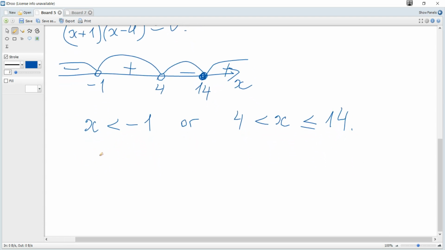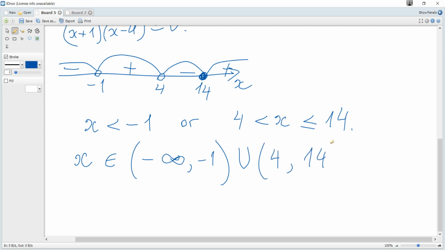Or it may be written in the next form: x is from negative infinity to -1 excluded, union from 4 to 14 included.